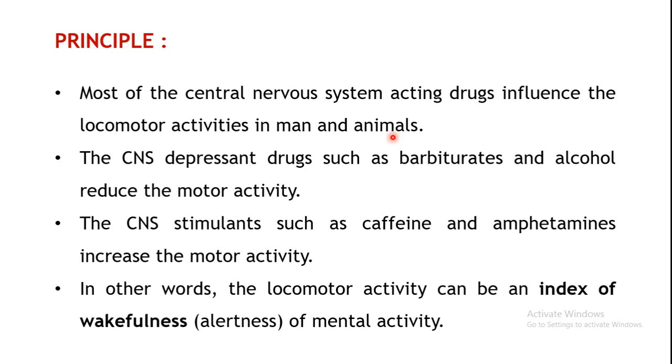Depending upon what action the drug is showing on the CNS, it may show different outcomes. For example, if the drug has the CNS depressant property, like barbiturates and alcohol, they reduce the motor activity because of their CNS depressant property.